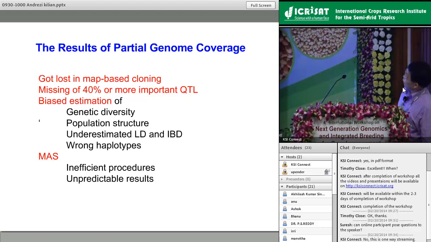Second, missing 40% is more important if you do association mapping with a chip developed from the reference genome, okay? Biased estimation for many things: genetic diversity, population structure, LD, and also wrong haplotypes. By the end, if you use marker-assisted selection, it will be very ineffective, and the results are not predictable.